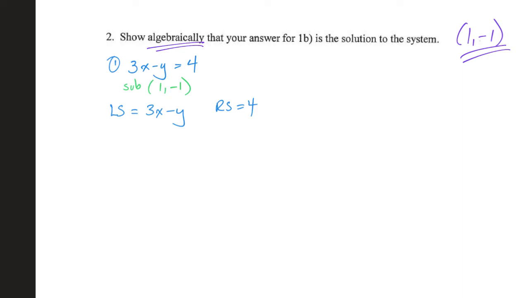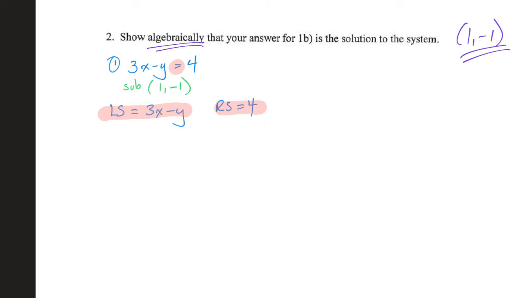Now, this is very important, that we can't keep the equation together. That is, we cannot keep it as 3x minus y equals 4 because we can't use the fact that it's equal to prove that it's equal. What we have to do is break it apart completely. And that's what you see here. My left side is completely separate from my right side.